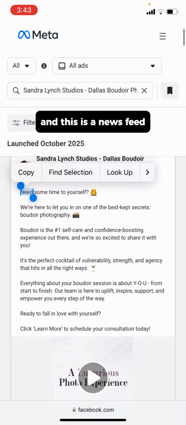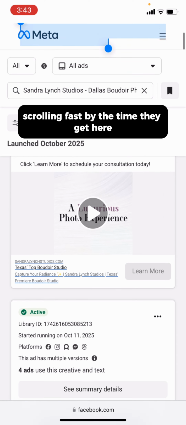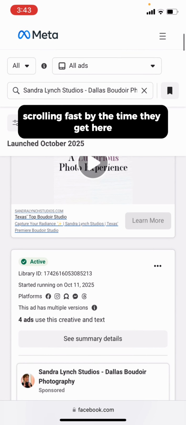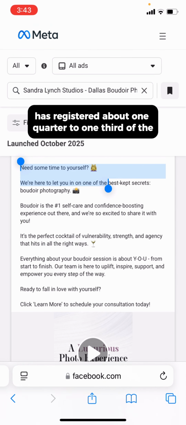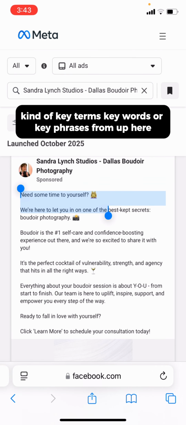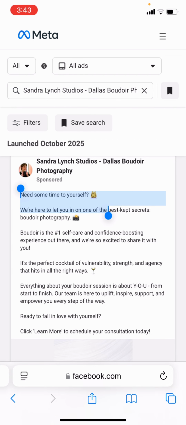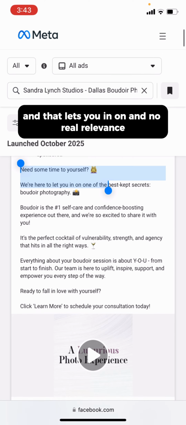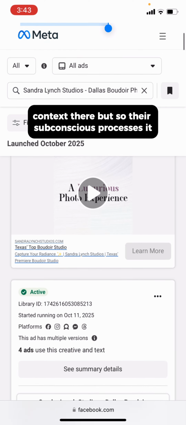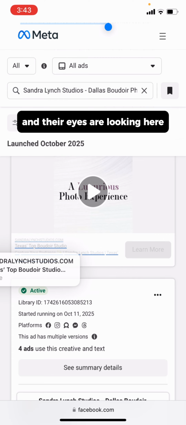And this is newsfeed psychology we're talking about here. People are scrolling fast. By the time they get here, their subconscious has registered about a quarter to a third of the key terms, keywords or key phrases from up here. So their subconscious processes it, and their eyes are looking here.